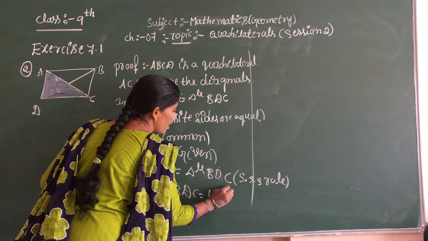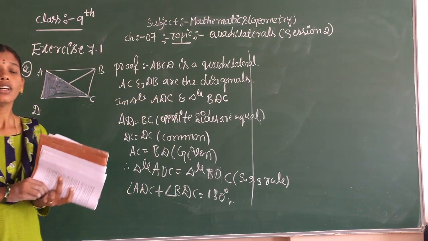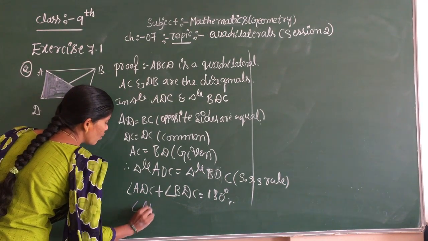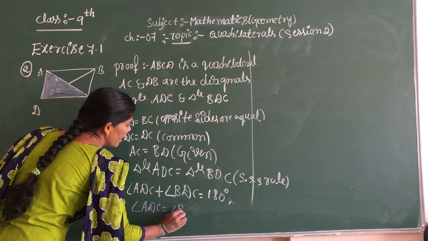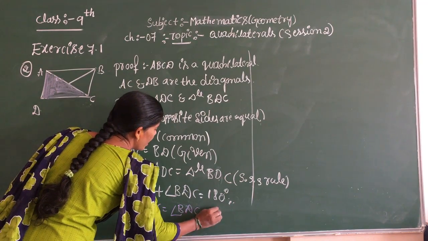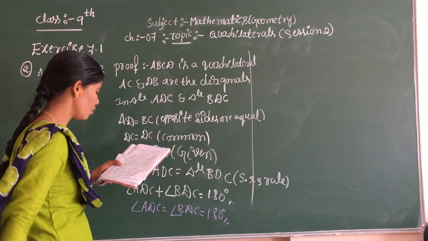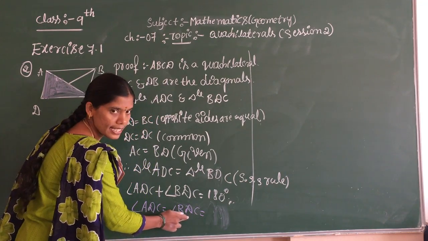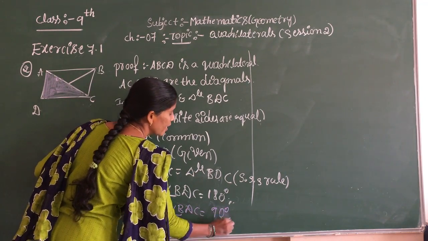The sum of the angles of the triangle is 180 degrees. So angle ADC plus angle BDC is equal to 180 degrees, which means this is 90 degrees, this is 90 degrees.